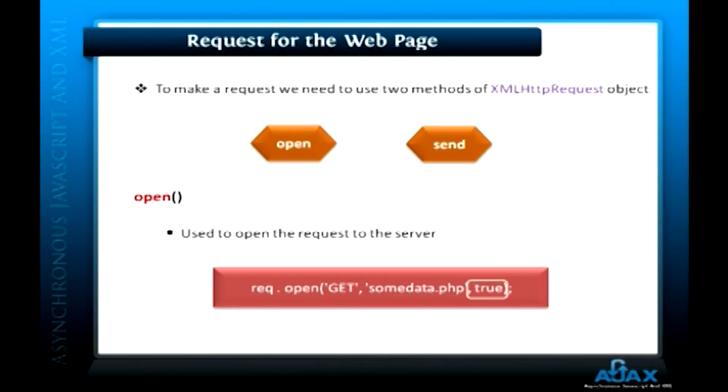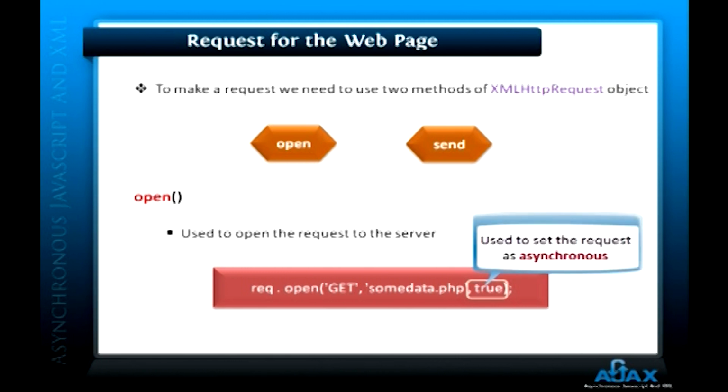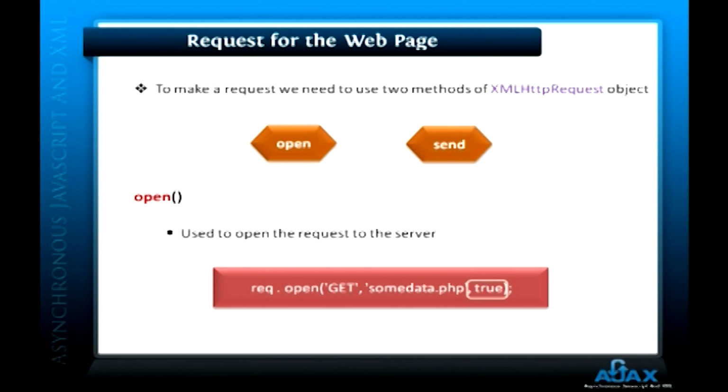Well, this is our third and final parameter of this method. This is an optional parameter, and it is used to set the request as asynchronous. That is, if this parameter is set to true, then the execution of the JavaScript function will continue while the response of the server has not yet arrived.